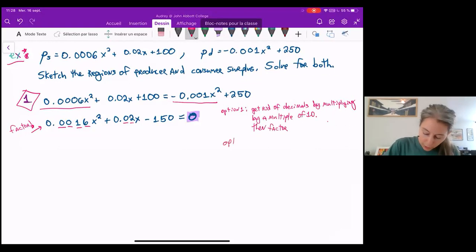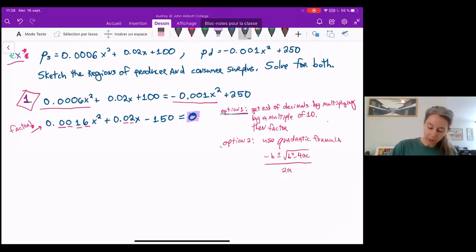And your option 2 is, if you'd rather, you can just use the quadratic formula. And I'll remind you that's the opposite of b plus or minus the square root of b squared minus 4ac over 2a. So these are our 2 options. I'm going to go with option 1. So I want to get rid of those decimals.